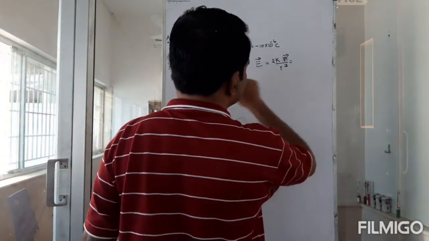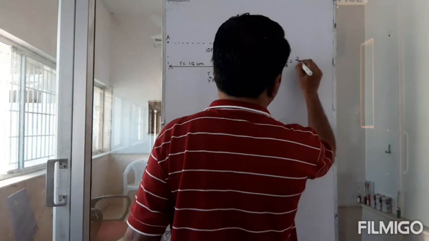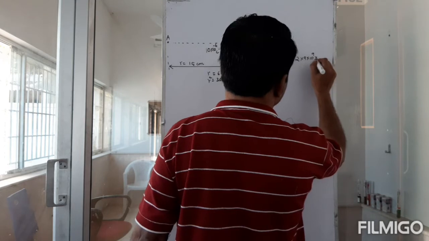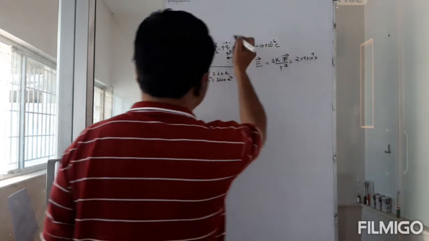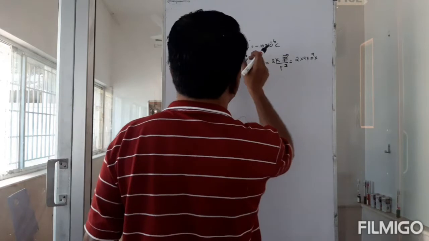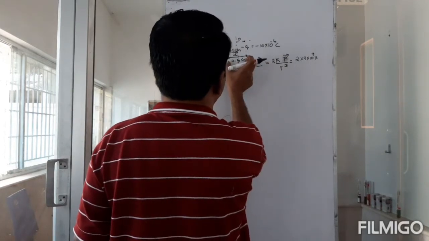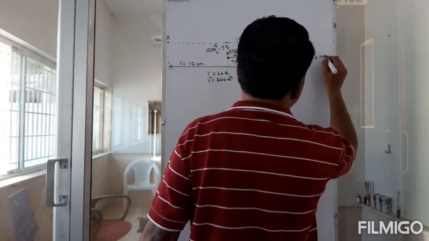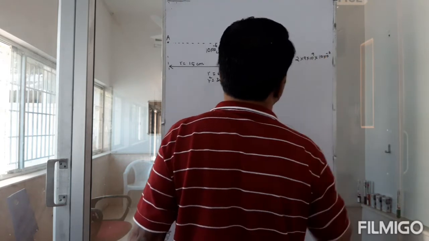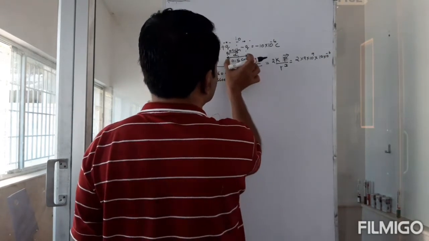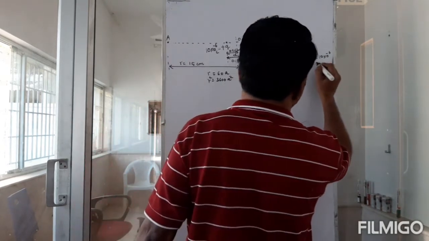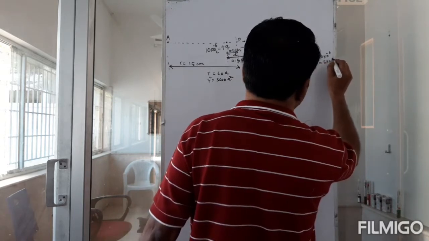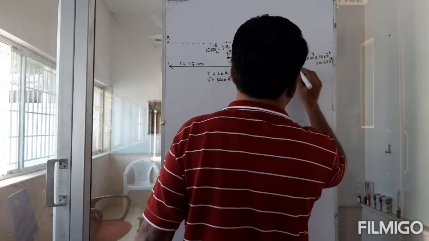So this is going to give me 2 into 9 into 10 power 9 into P. Can I calculate P here? P is going to be equal to 10 microcoulomb, 10 into 10 power minus 6, and what is the distance? 0.5, so into 0.5 into 10 power minus 2.